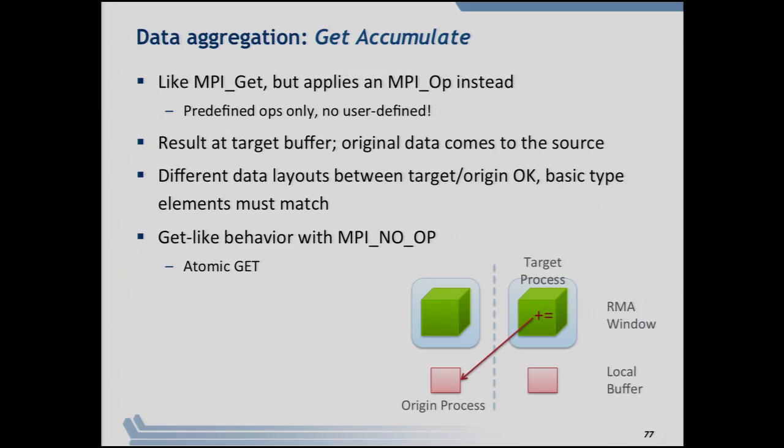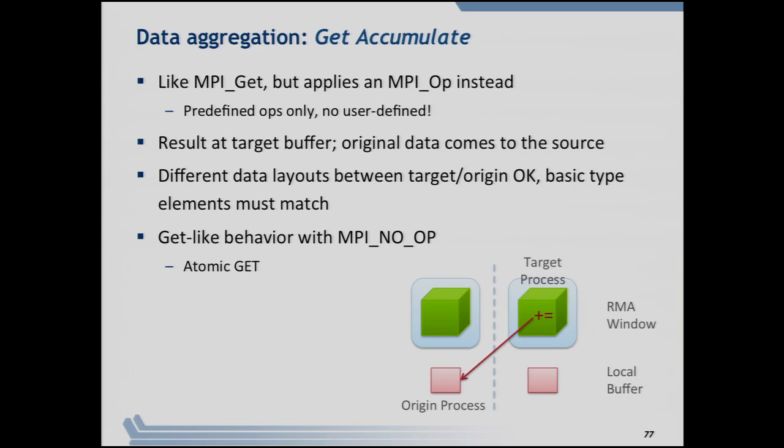MPI 3, as I mentioned, added a couple of other ones. The first one is this get accumulate. So again, we just have the predefined MPI ops. But in addition to doing the update, you do get the original data back. So this is a full read, modify, write. And it turns out to be quite important to be able to have read, modify, write operations.